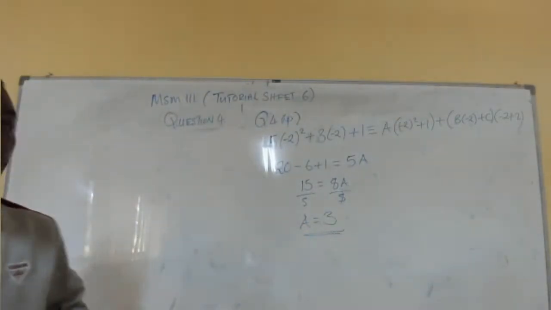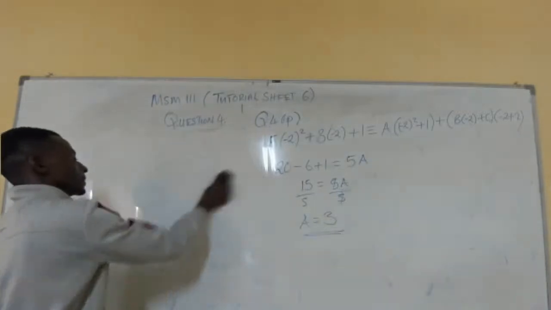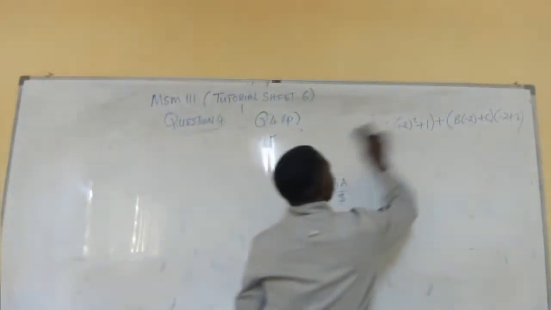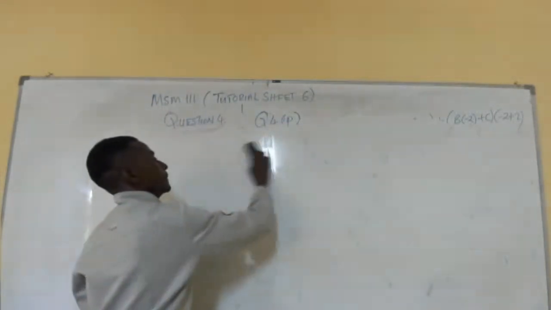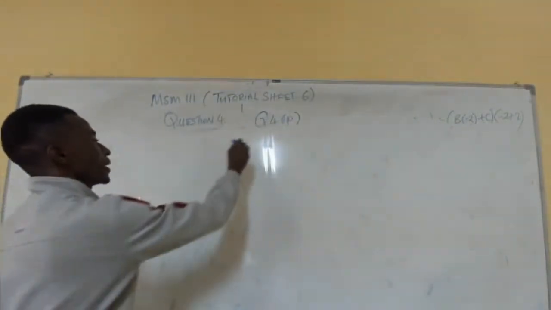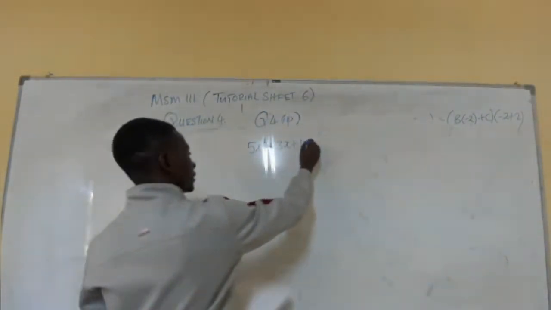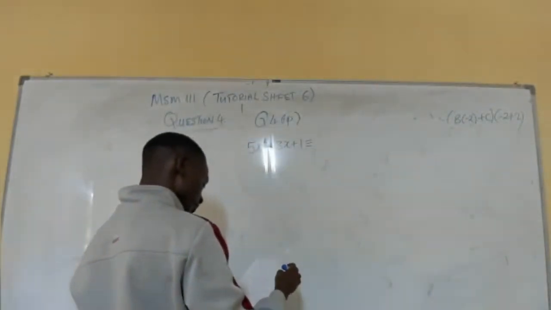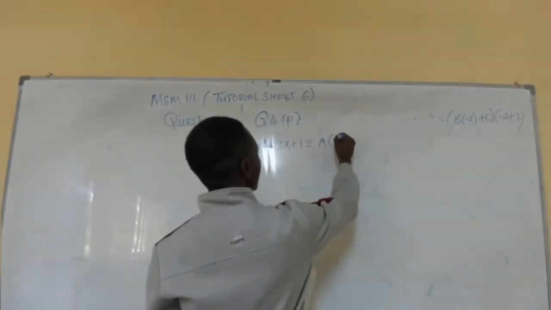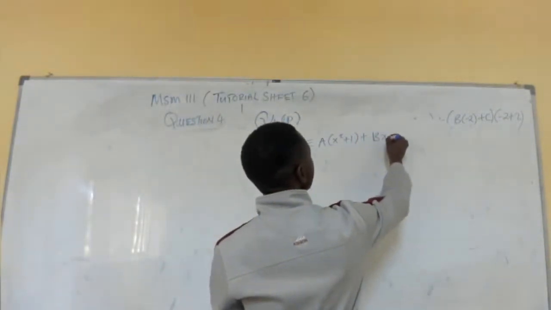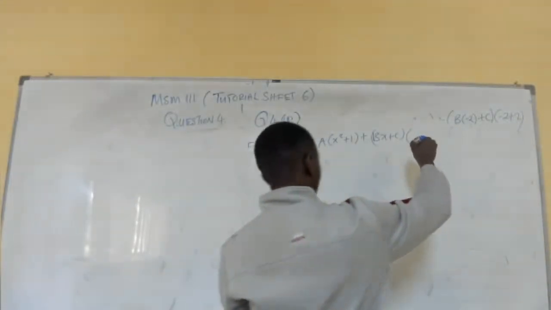So now let's find the value of b and c. We have 5x squared plus 3x plus 1 equivalent to a, x squared plus 1, plus bx plus c, times x plus 2.